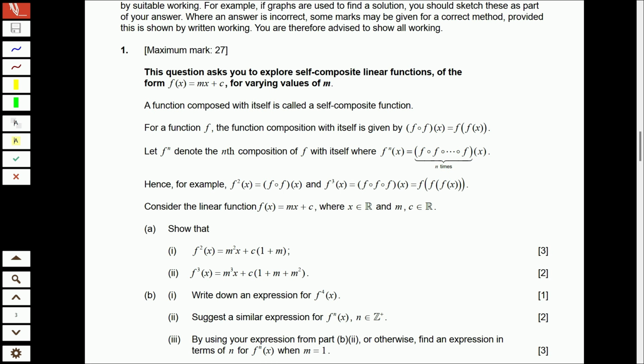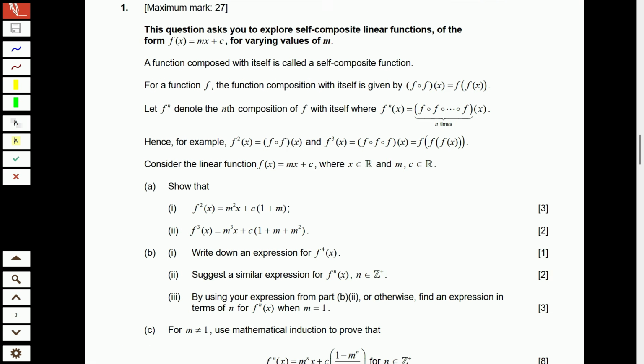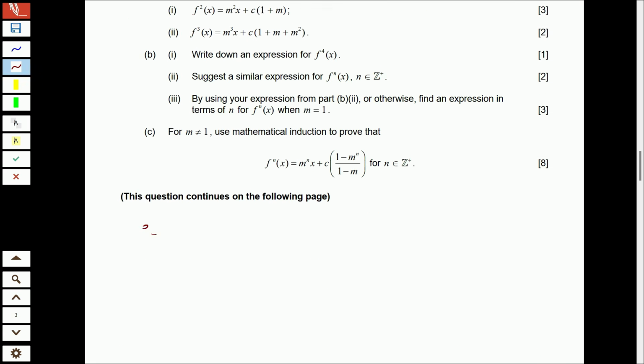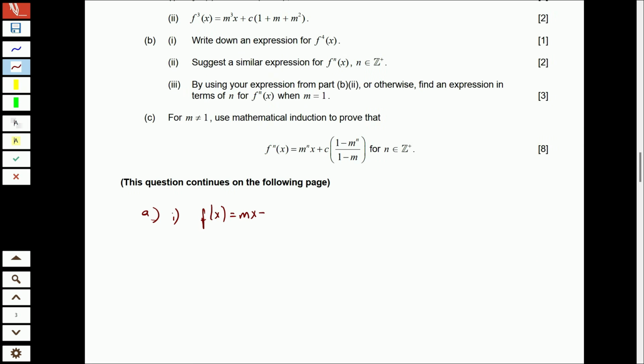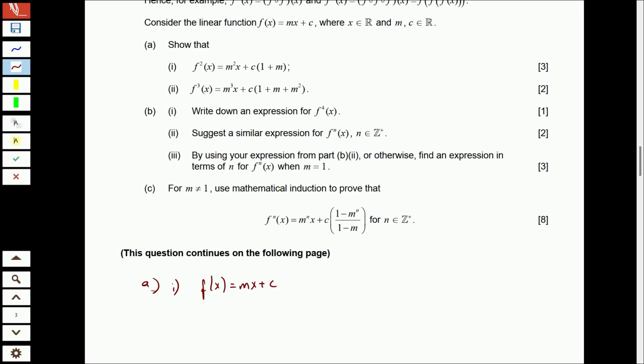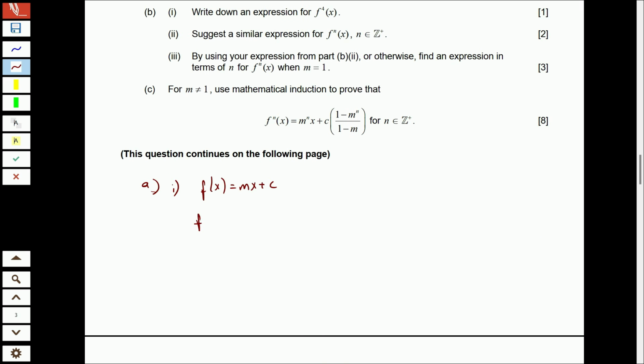Consider the linear function f(x) = mx + c. Show that the second composition of the function is m²x + c(1 + m). Let's show it first. We know that f(x) = mx + c, and we're going to find the second composition.